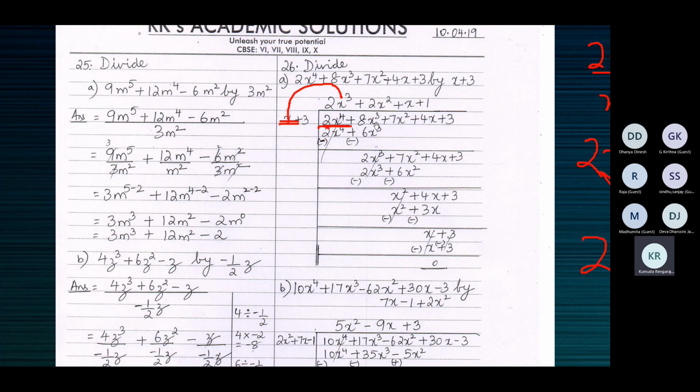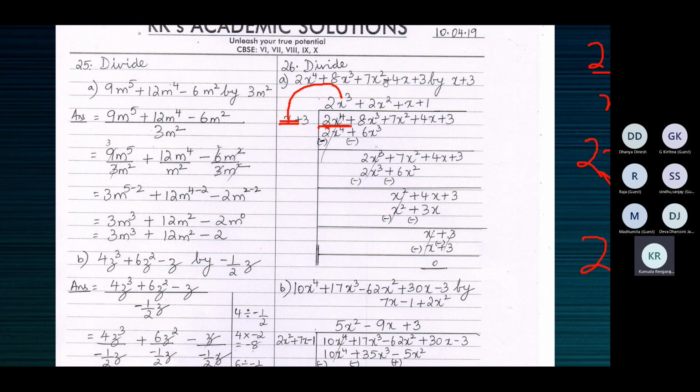So we have to arrange the terms in the dividend in the descending order of their powers. Because 3 means 3x to the power 0, right? X power 0 is 1, and 3 into 1 is 3. 3 can be treated as 3 into x to the power 0. So what power does x have there? 0.